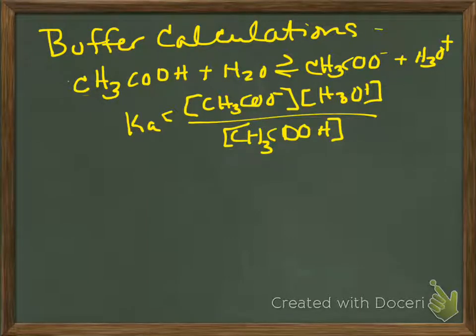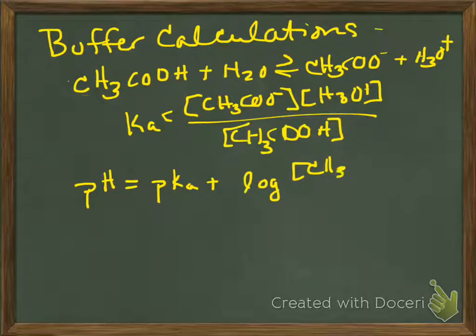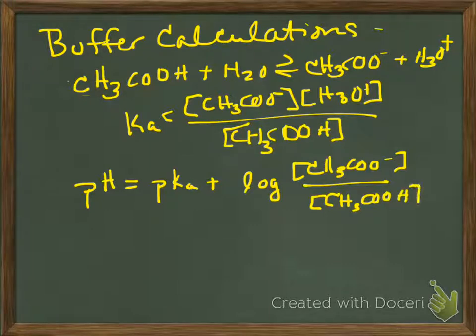If we take logs of both sides and rearrange it, we can come up with what is called the Henderson-Hasselbalch equation. pH is equal to pKa plus the log of the acetate ion over the acid. This is really your conjugate base, and this is your acid.